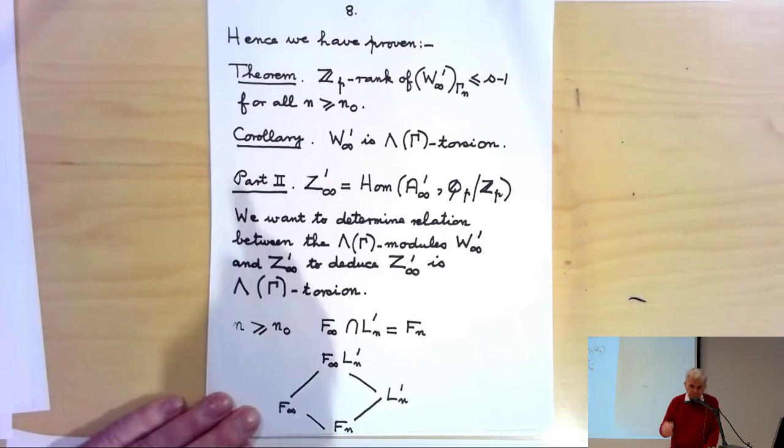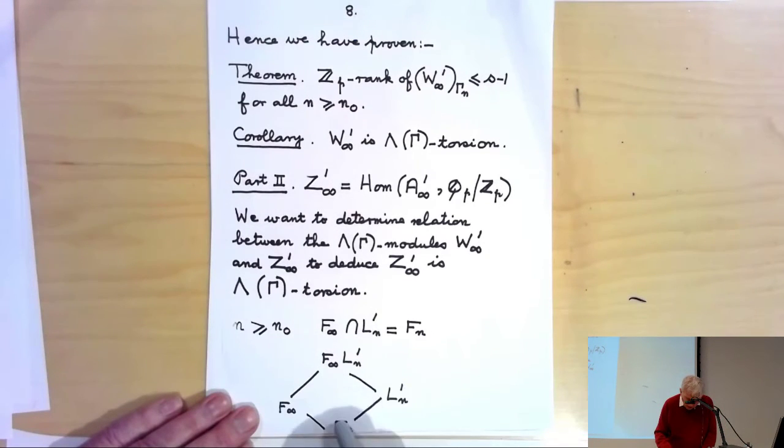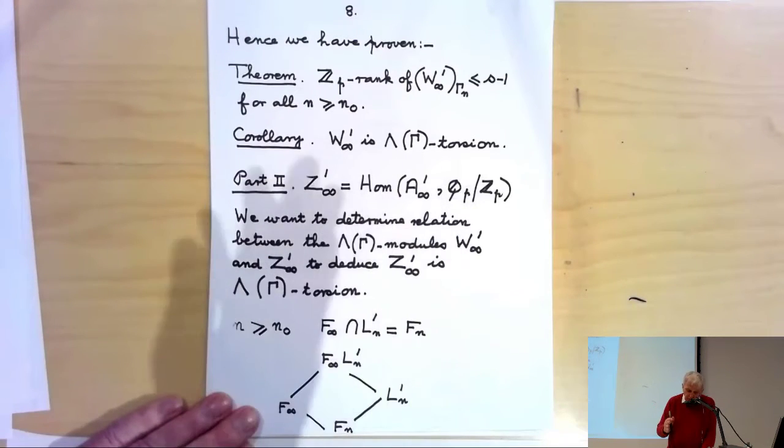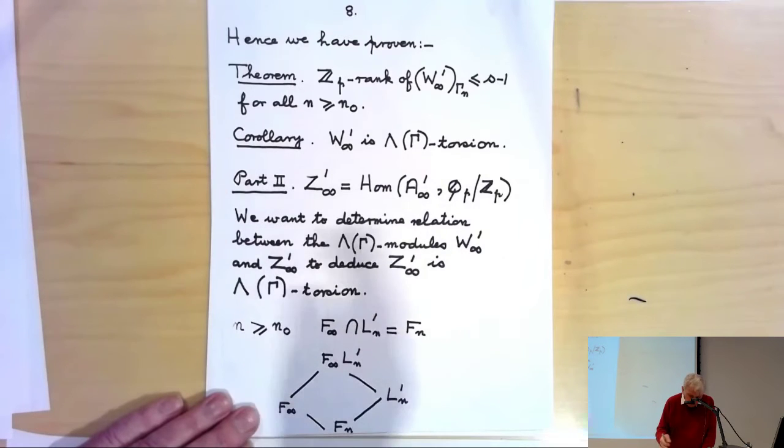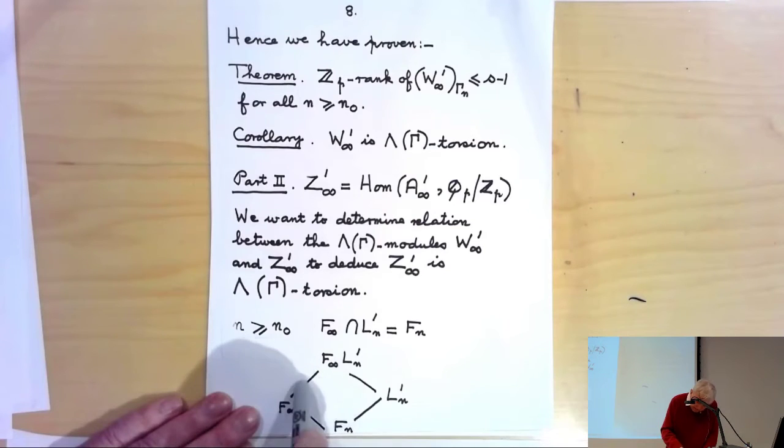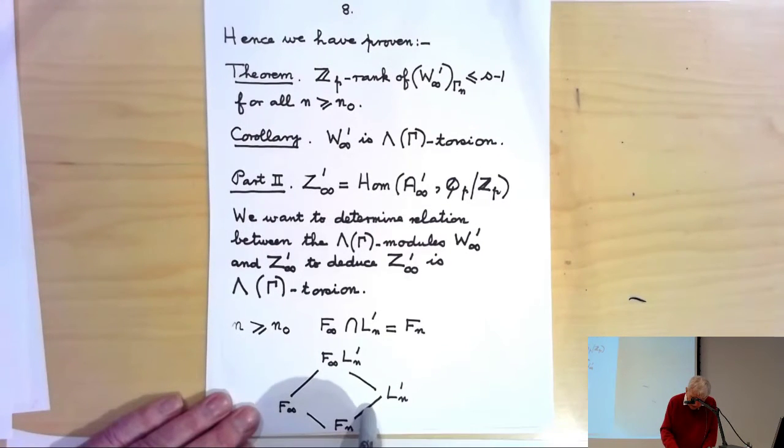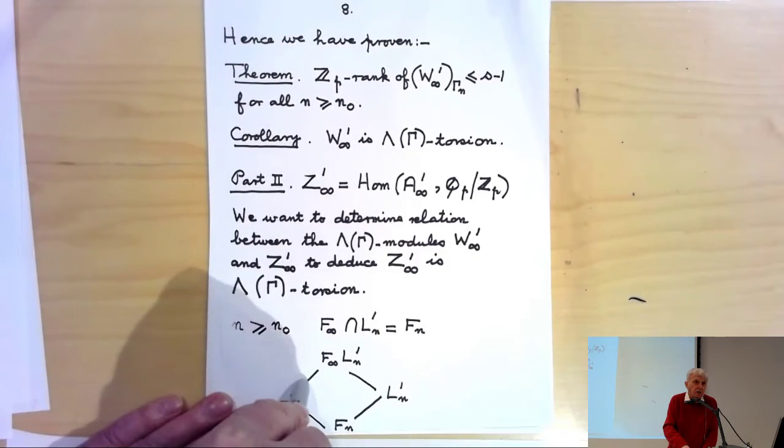There's at least one prime which is totally ramified. So that means, and this is Ln prime over Fn, everything is unramified, and in fact the primes above P are splitting completely. So when I translate that up here, this Galois group here will be the same as that Galois group there, obviously.